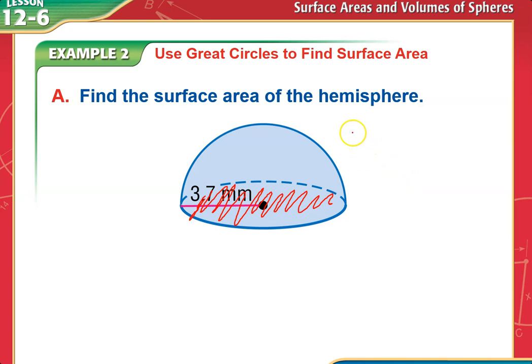So the surface area of a hemisphere is half of a sphere, first of all. And then the bottom part is exposed. So that's a circle, so we're going to add pi r squared. In this case, we're just putting in a 3.7 into two spots, into that r and in this r.